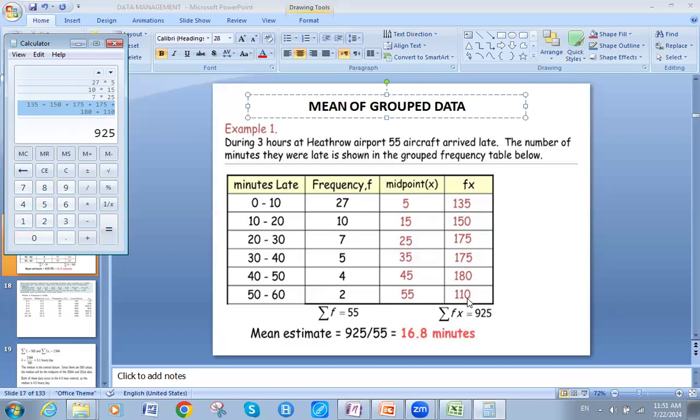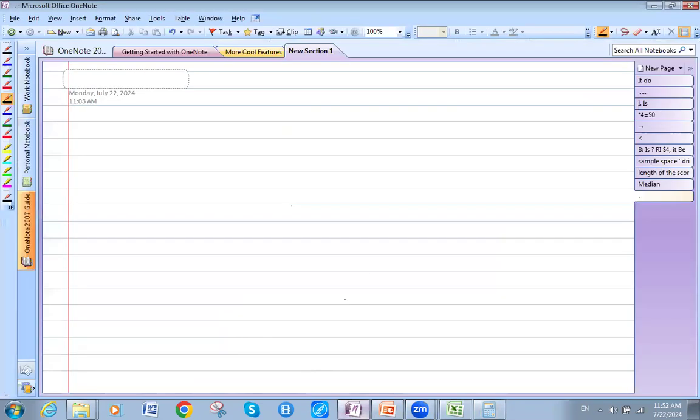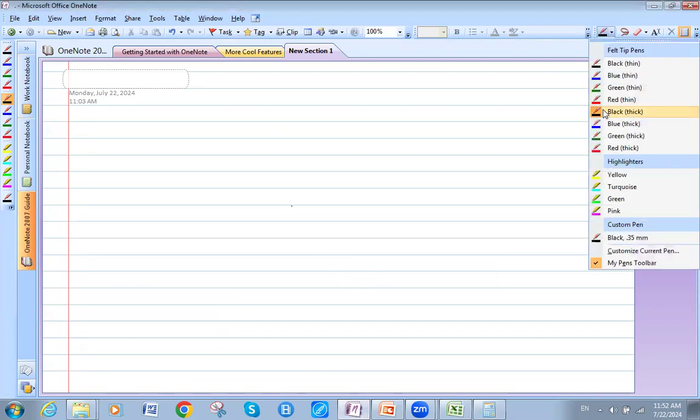Now I can get the x bar, or the average of the lateness. The average, or the mean, or the estimation, will equal the sum of fx divided by the sum of frequency, or f. Let me get the pen.